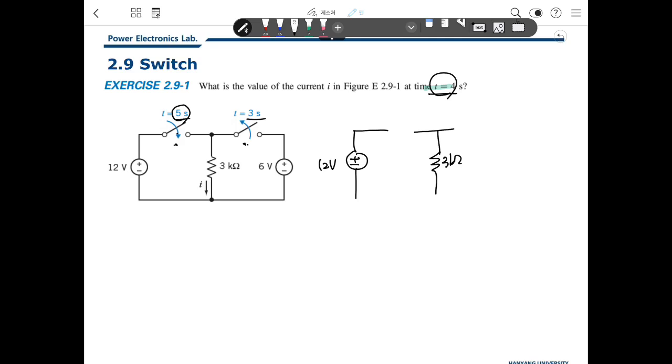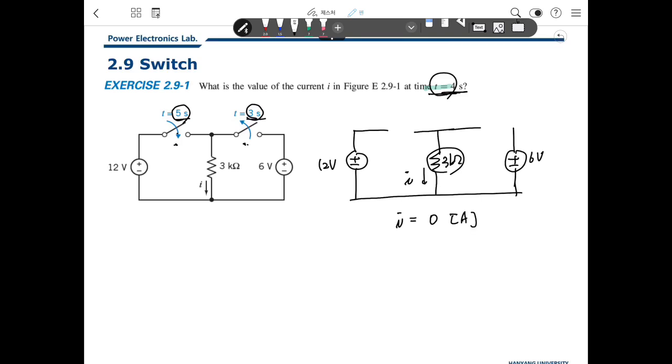And here, 3 kilo ohm. Then this is open. What time? It's 3 seconds. So at 4 seconds, this is already open. So this is 60 volts. So what's the value of the current I here? There is no source current through this 3 kilo ohms. So I will be 0 ampere.